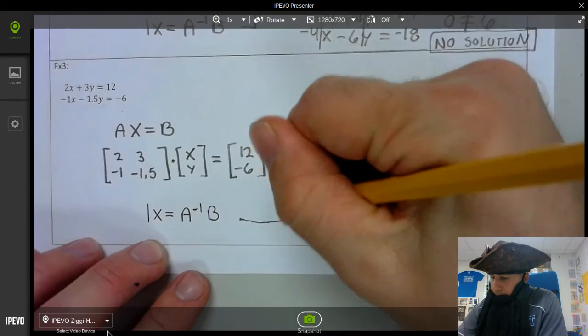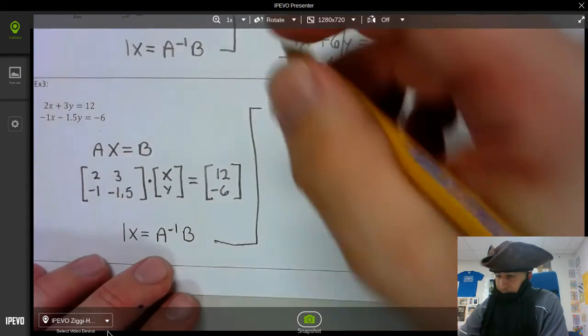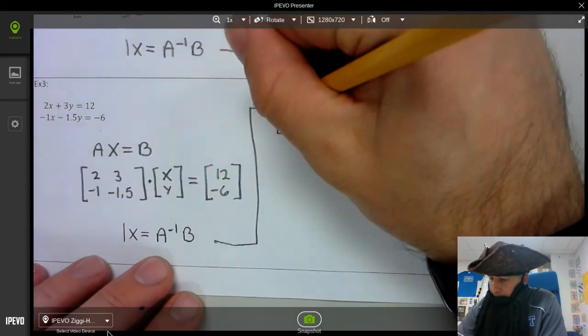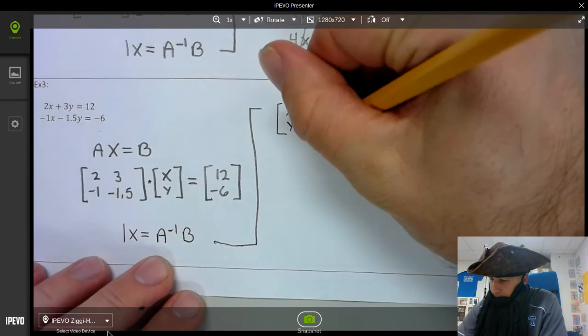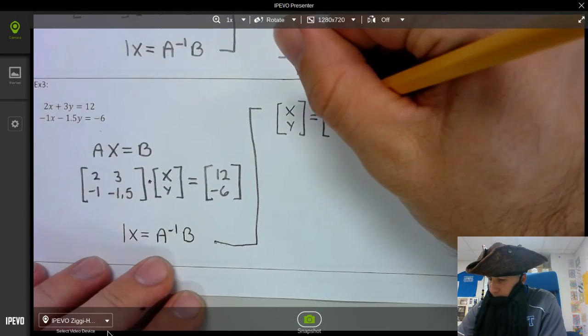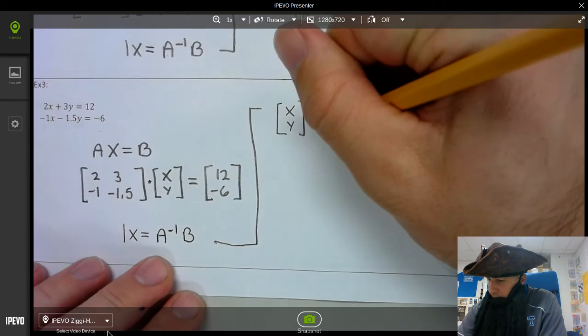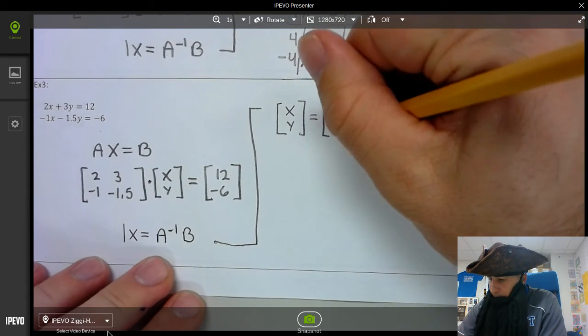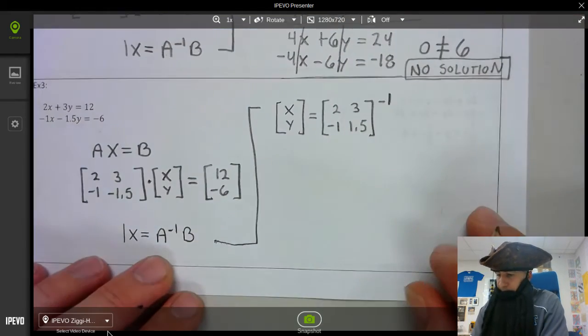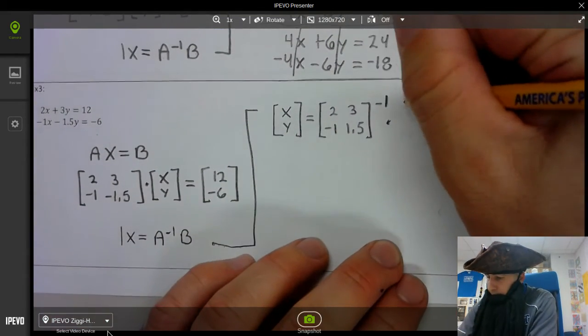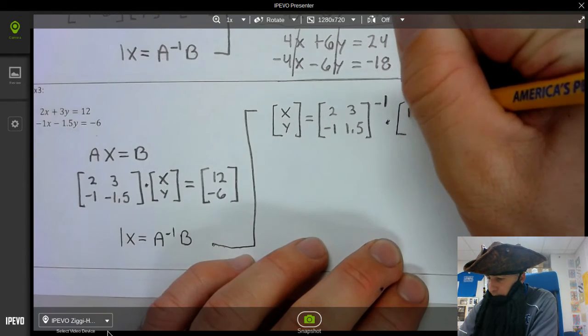All right, and again, do you know that x is going to equal A inverse B? So now we have xy equals 2, 3, negative 1, 1.5 inverse times B, which is 12, negative 6.